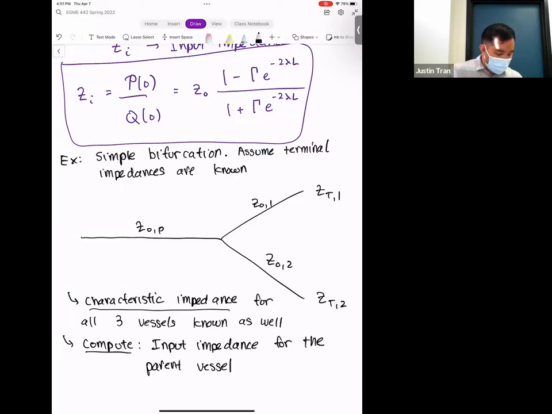Okay. And so what we want to know is that if we're sitting at the input of this entire tree right here, or in this case this bifurcation, what is the input impedance here? Okay. And so to do that, we're going to need to basically work our way from the back of the tree back up to the inlet.